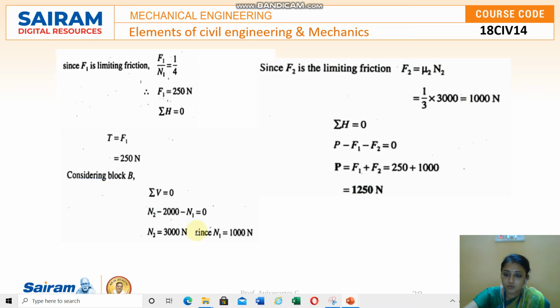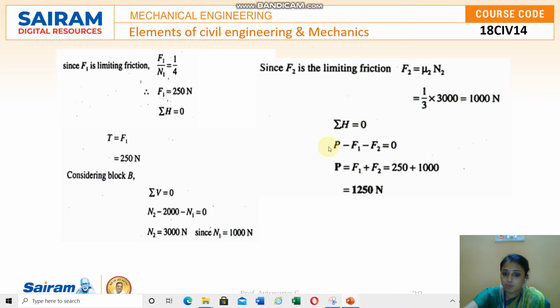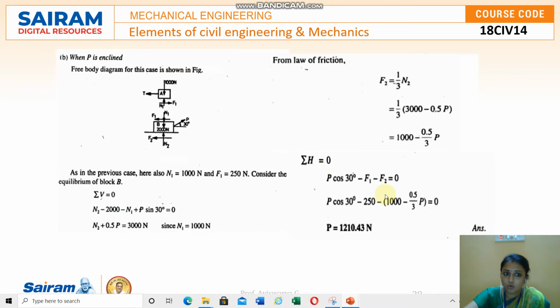Substitute N2 equal to 3000 and you will get F2. Now again write summation of H equal to 0. There are three horizontal forces only: F1, F2 and P. You will get the value of P as 1250 Newton.